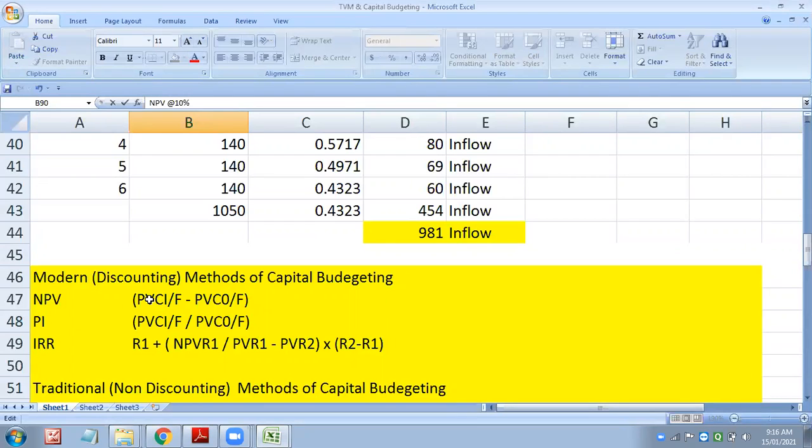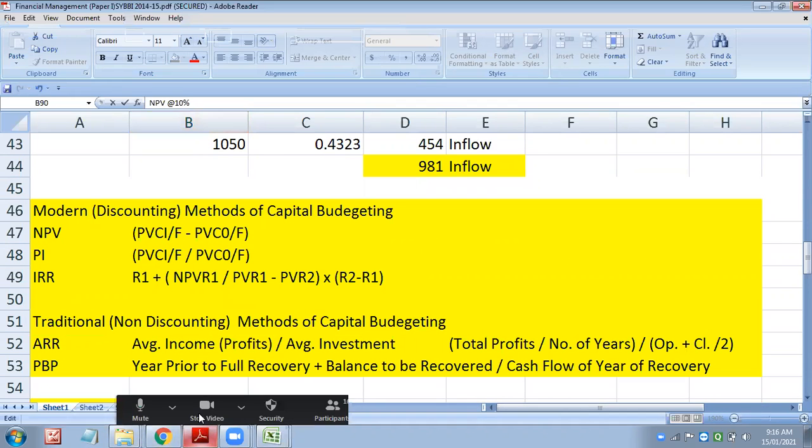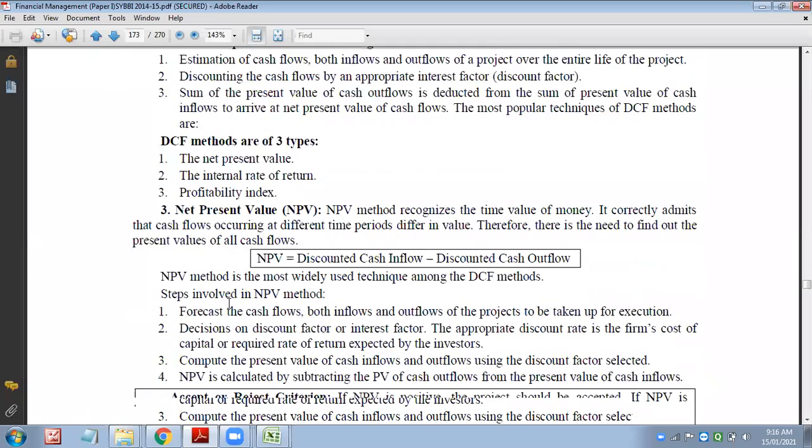They have done discounted PBP, so they understand this concept very effectively. Let us do both together in parallel. It will be better for us to understand.